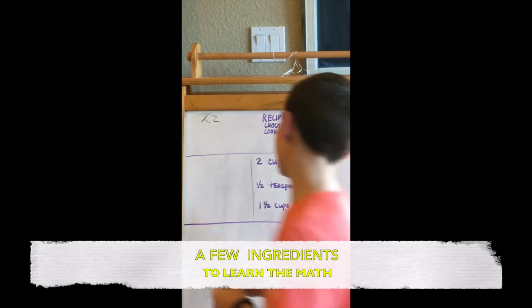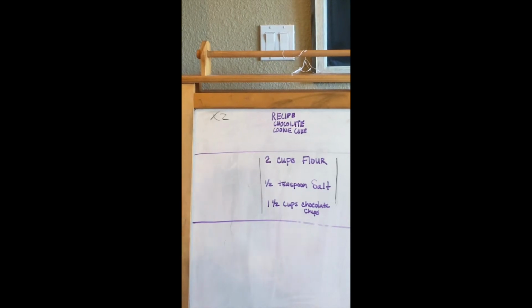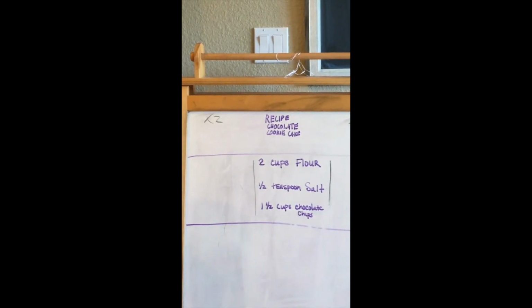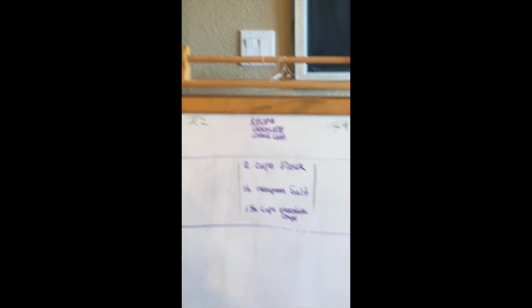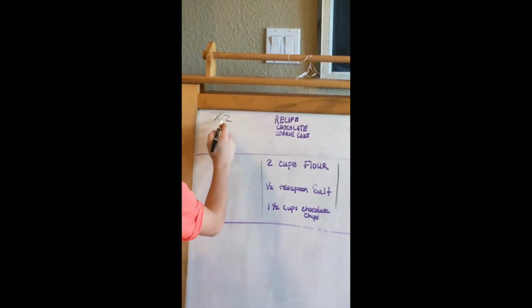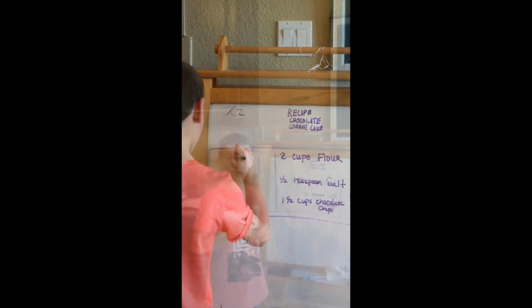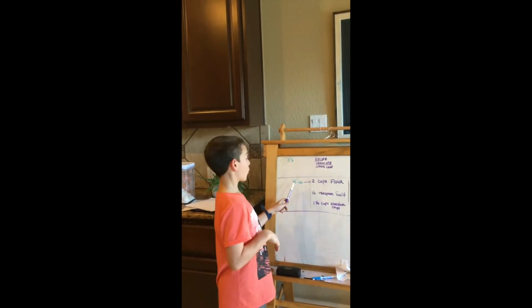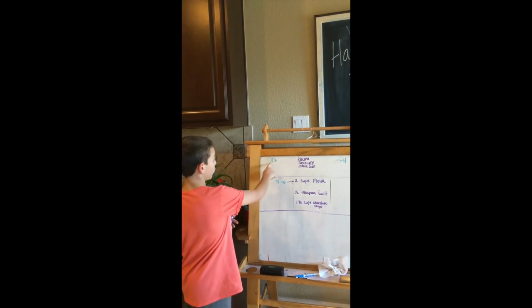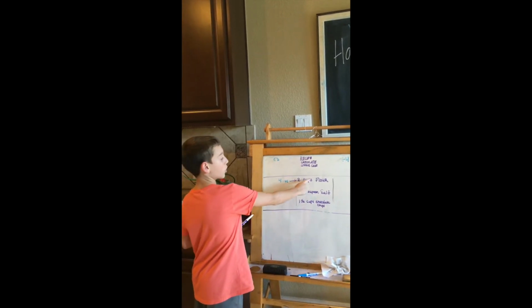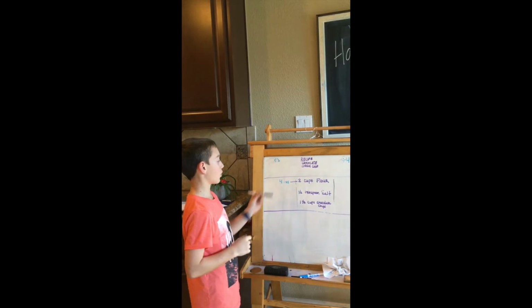So to multiply 2 cups of flour, that's the easy part. 2 times 2 is 4, so 4 cups is equal to 2 times 2 cups of flour, and so you get 4 cups of flour.